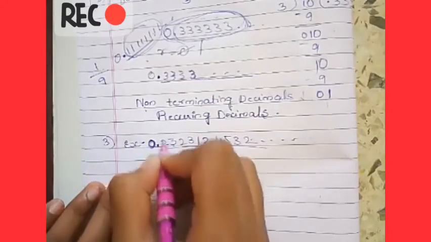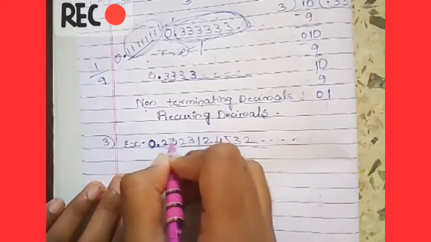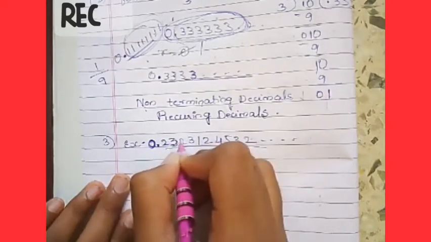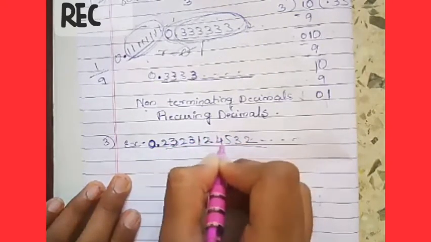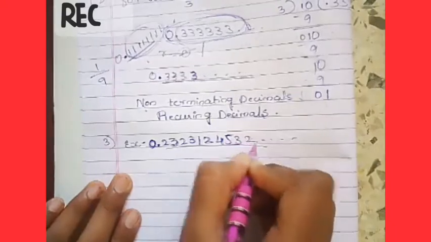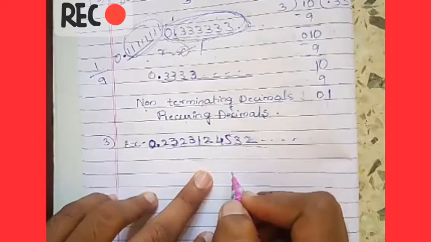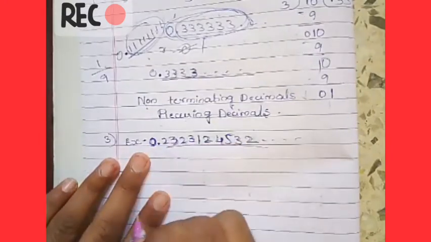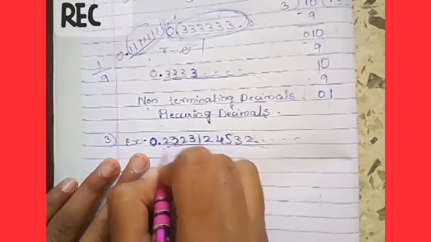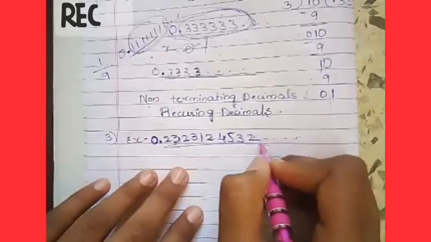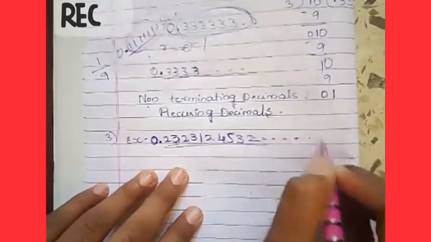Now if the answer is 2323124532, here there is no repetition of the numbers. You can see here, no. So these are infinite numbers. There is no end of these numbers.